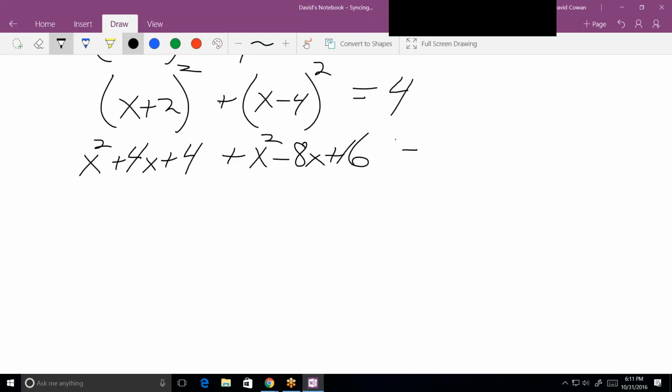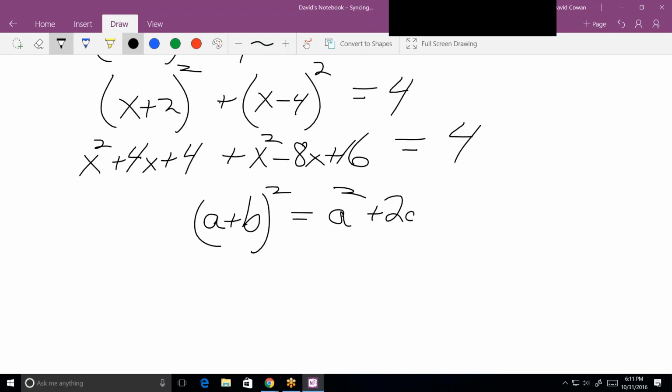Foiling. Okay. Here's something that it's really worth knowing right here. Whenever you square anything that's a plus b, you get a squared plus 2ab plus b squared. And whenever you square a minus b, you get nearly the same thing.